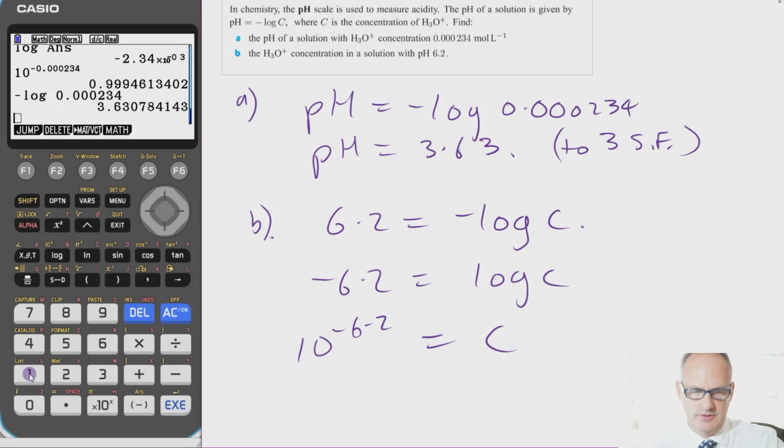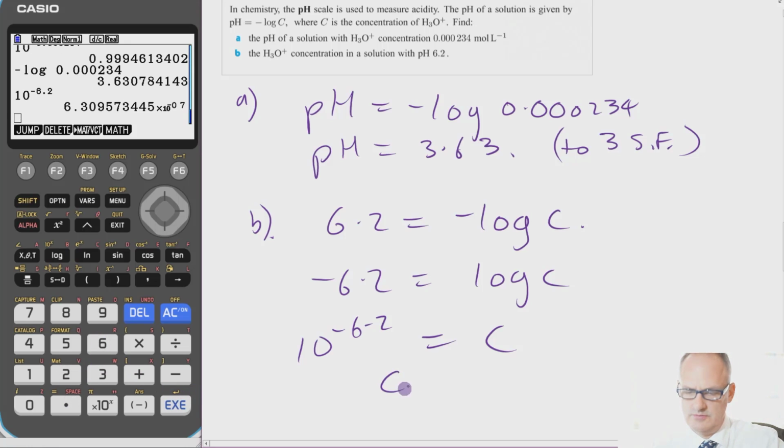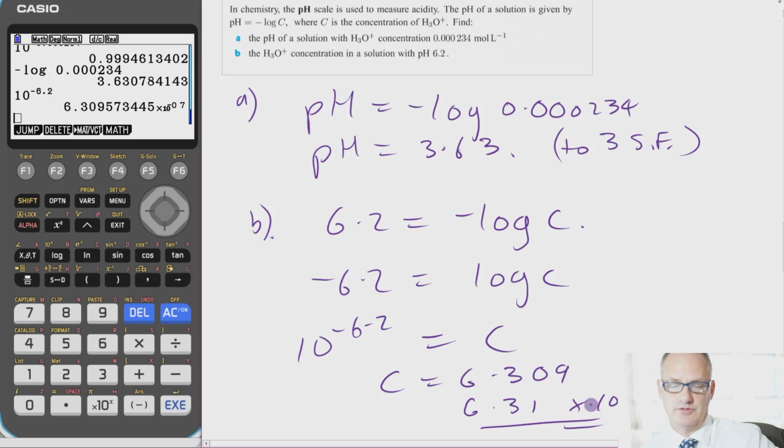So we can type in 10 to the power of minus 6.2, and we get C will equal 6.309, or 6.31 if you're doing 3SF, times 10 to the minus 7. So a very small number indeed.